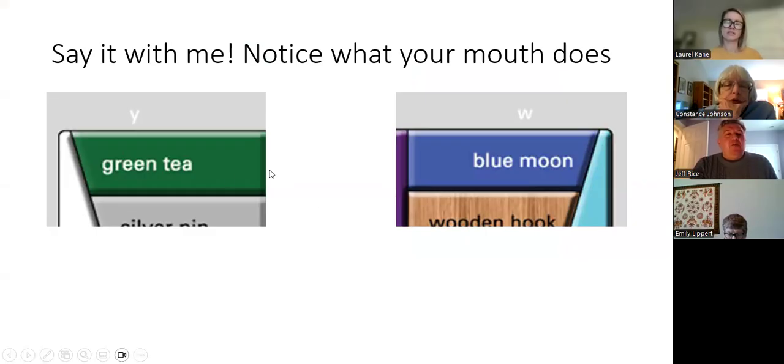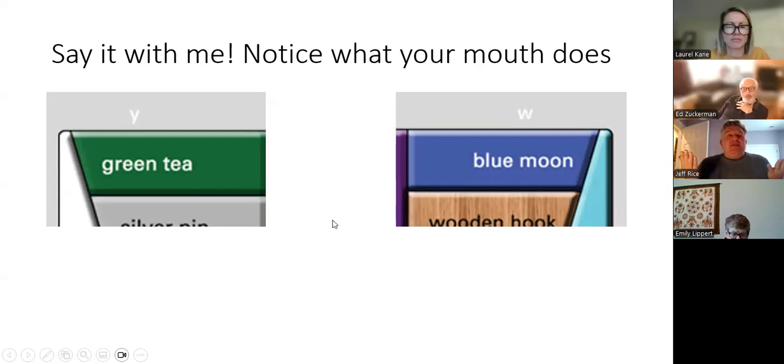So here we have green tea, blue moon, green tea, blue moon. What do you notice is the difference between what your mouth is doing with green tea and blue moon? The green tea is at the front and the blue moon is at the back.